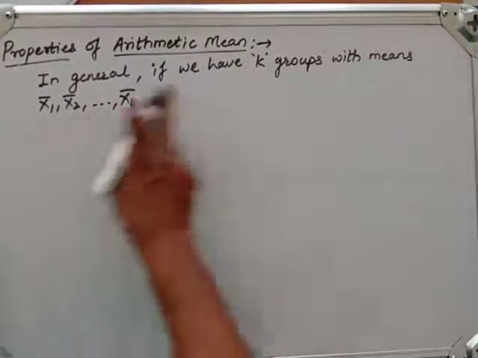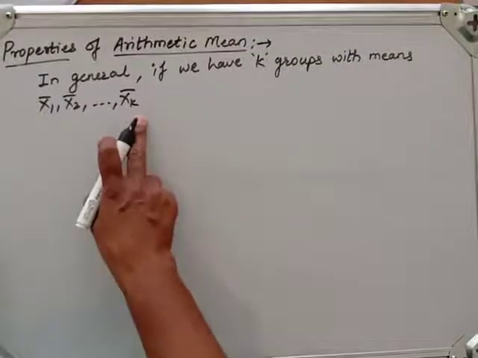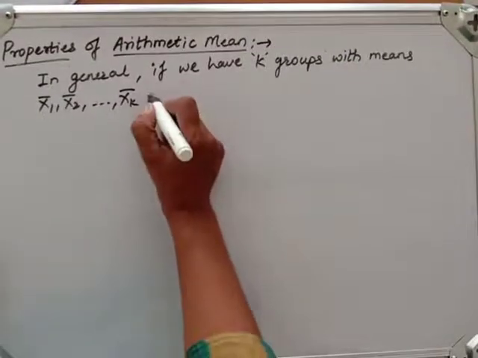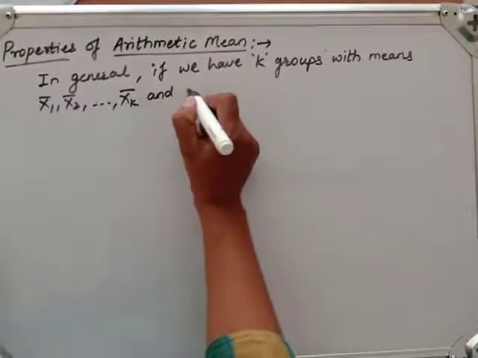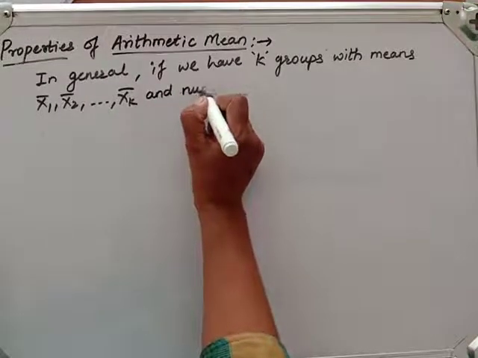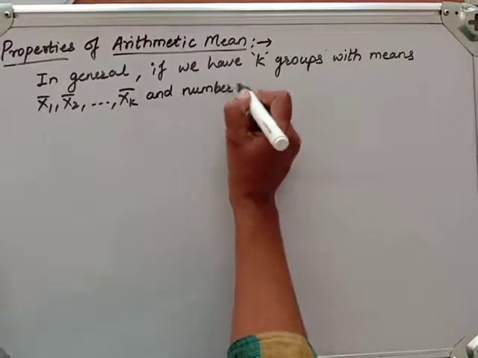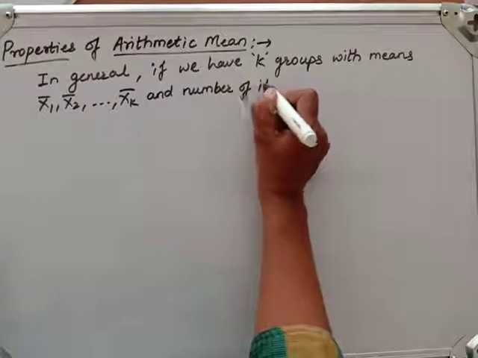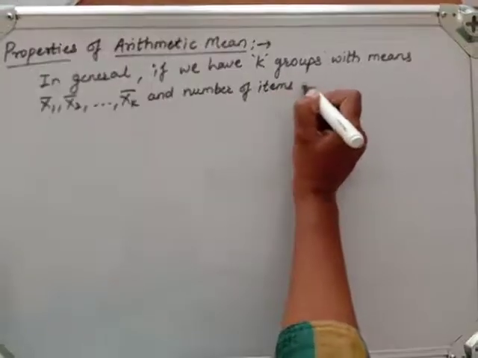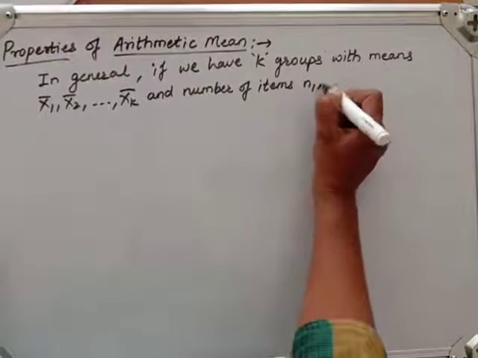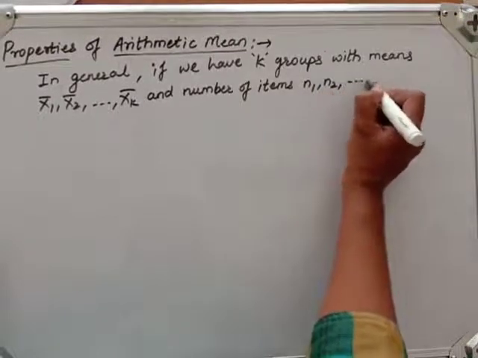Each of the k groups has these means and numbers of items n1, n2 and so on up to nk.